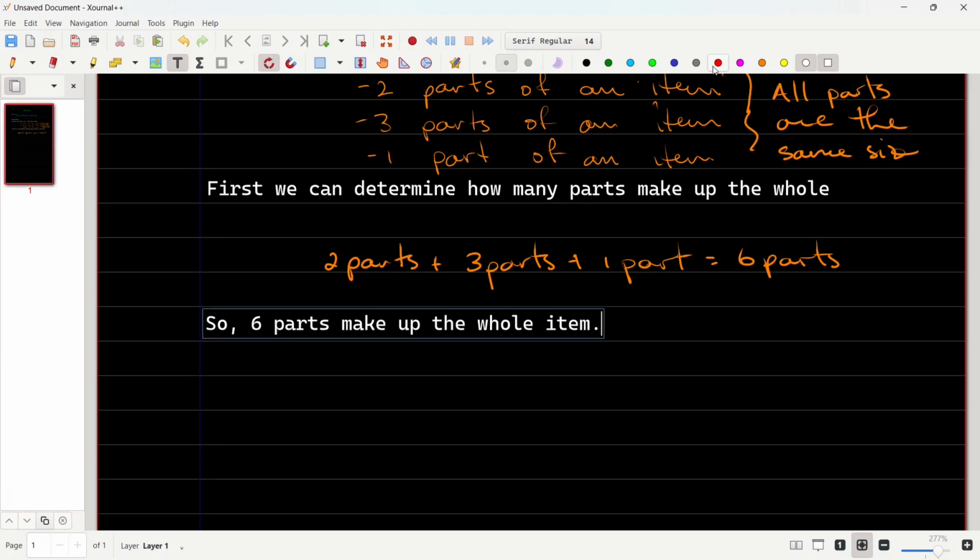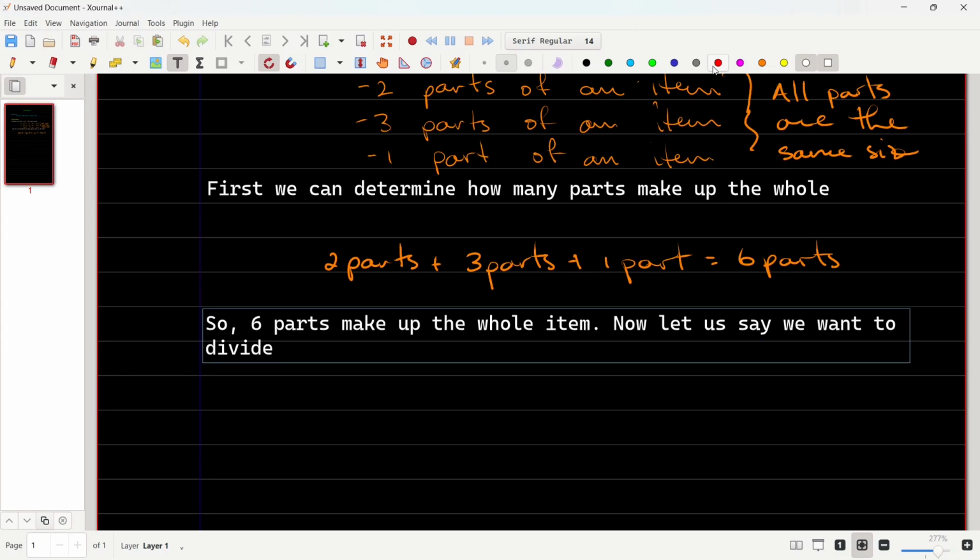Now, let us say we want to divide $90 among 3 people in the ratio 2 to 3 to 1.